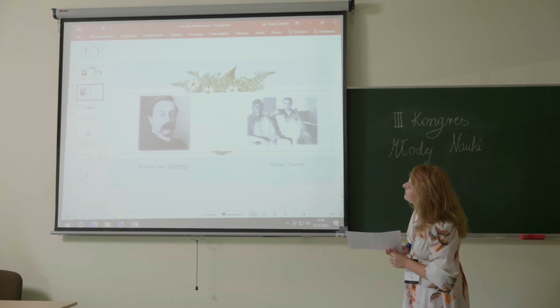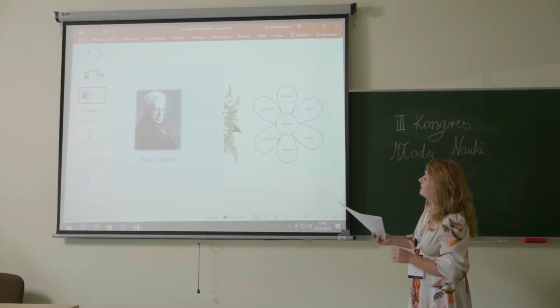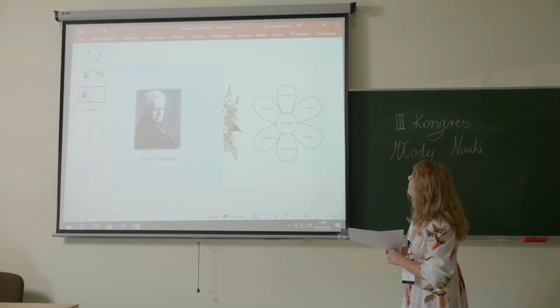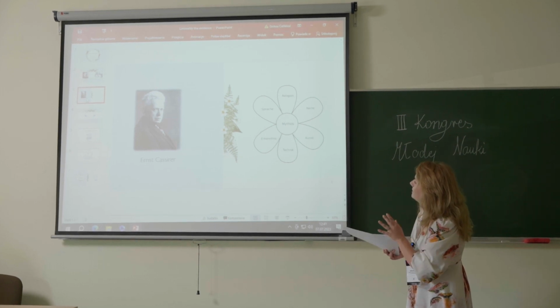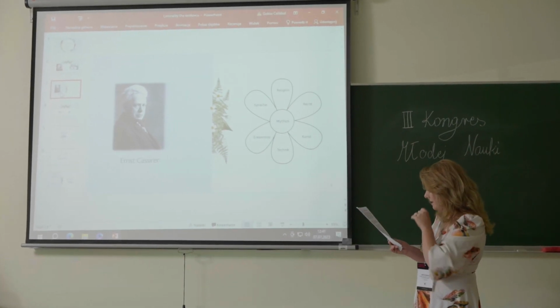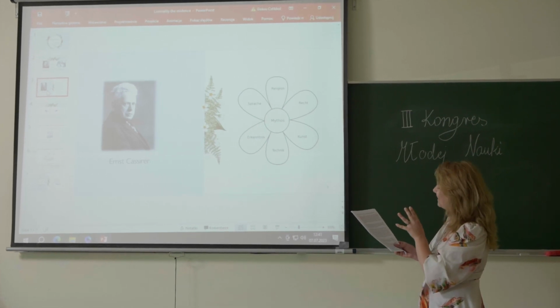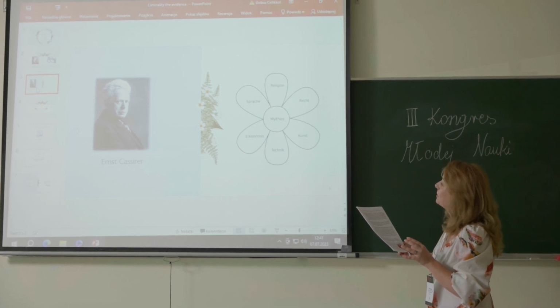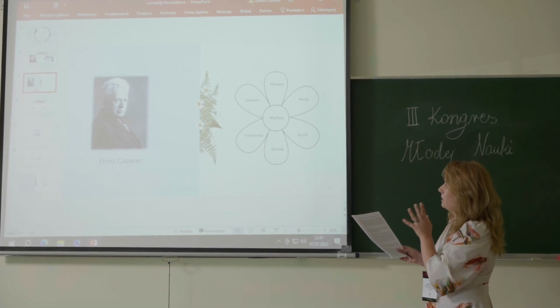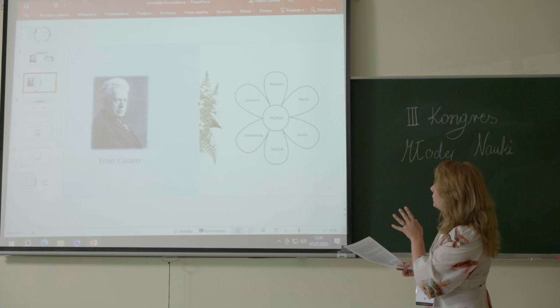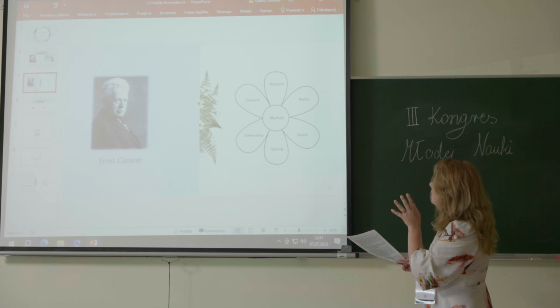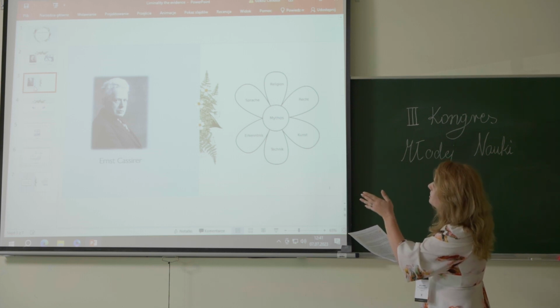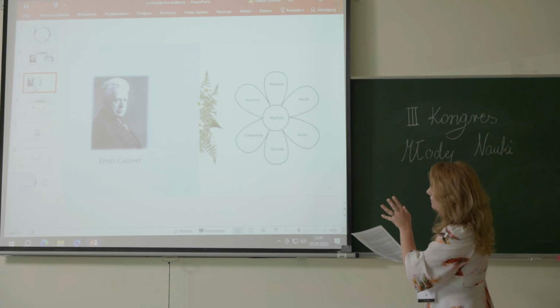Open the next slide, please. Yeah. So here we can see Ernst Cassirer and a scheme. Actually, this scheme shows the world of culture, which combines various symbolic forms. Symbolic forms, we all know them. It's religion, Kunst, the art, of course, the language. The central part of it is the myth.